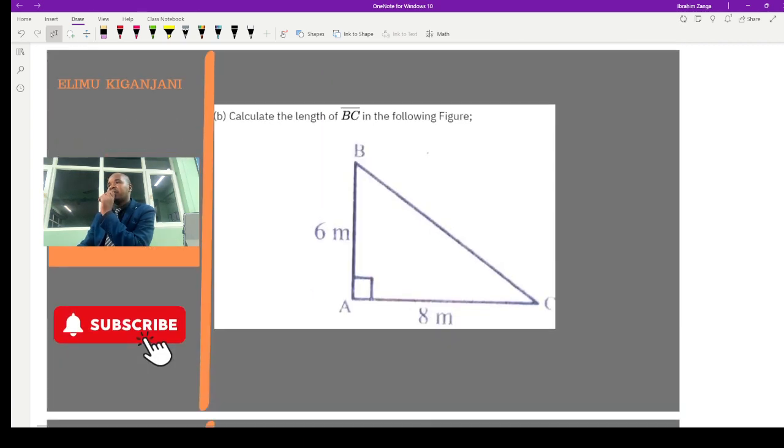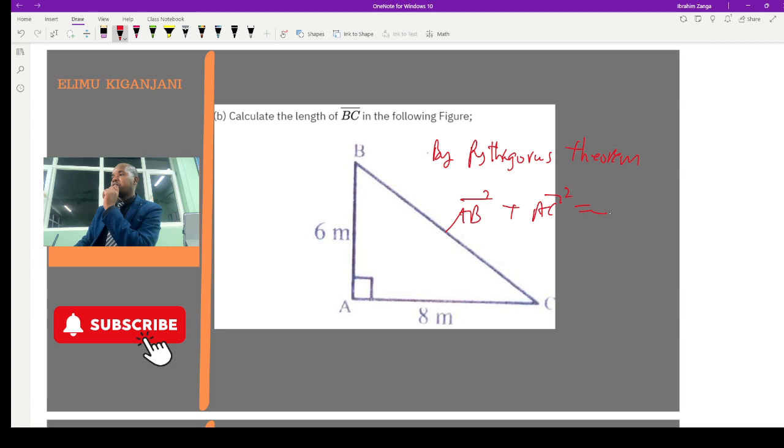Going to 9b, calculate the length of BC in the following figure. So we are looking for BC and we are going to use Pythagoras theorem. So I could say that by Pythagoras theorem, AB squared plus AC squared is going to be equal to BC squared.